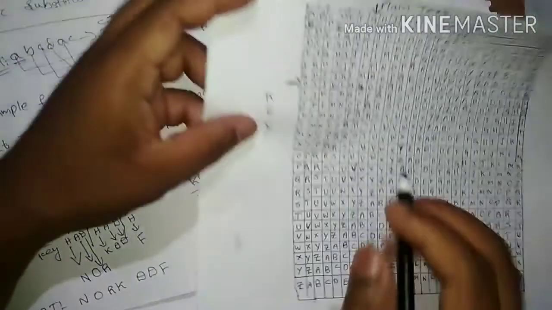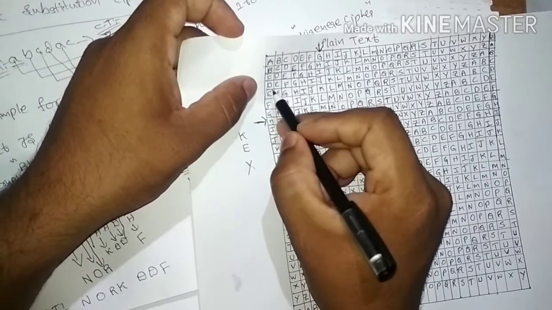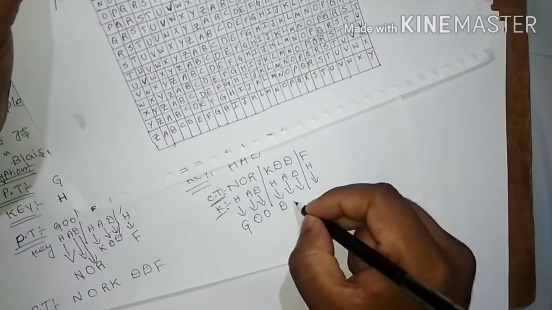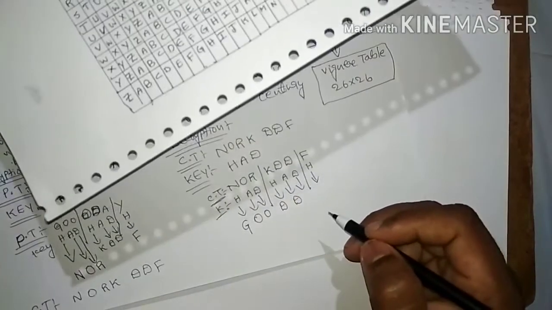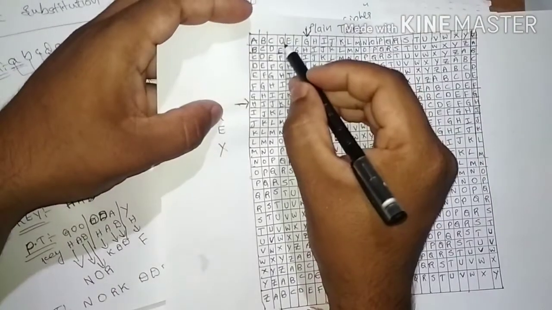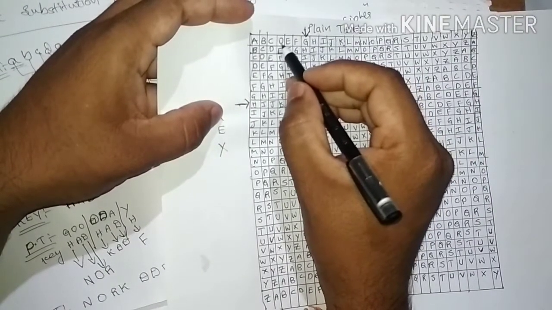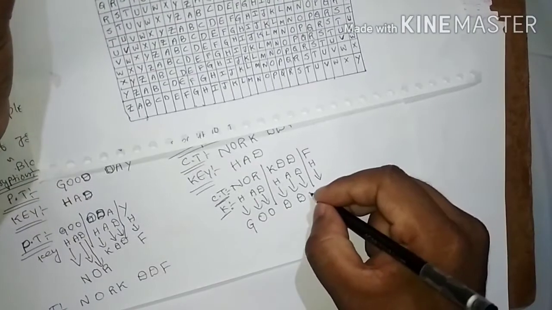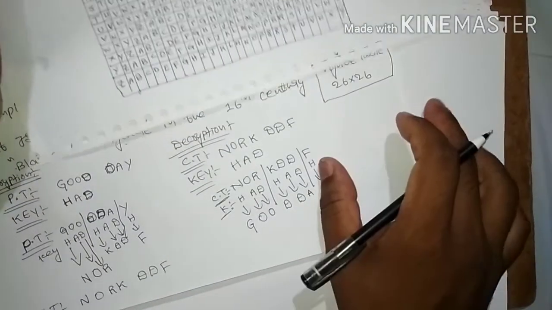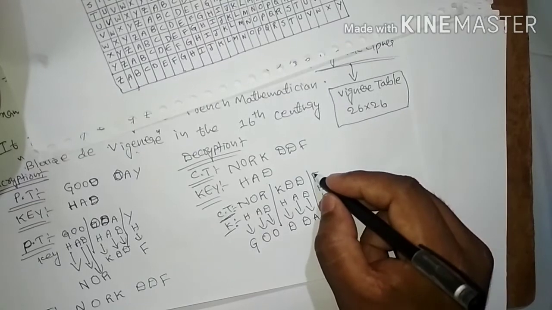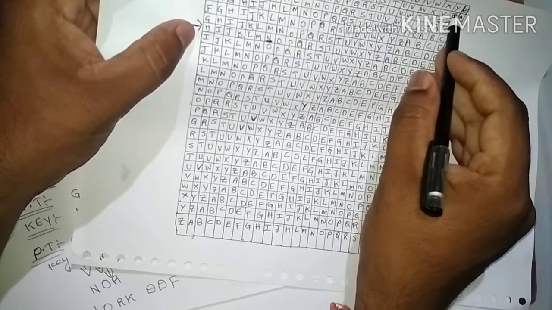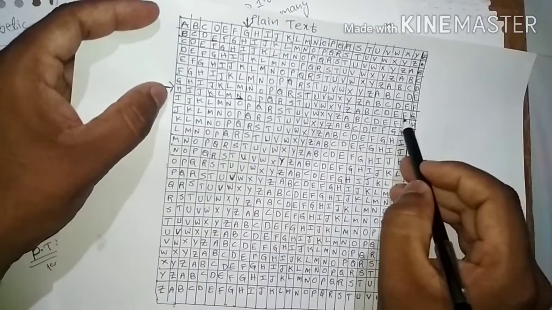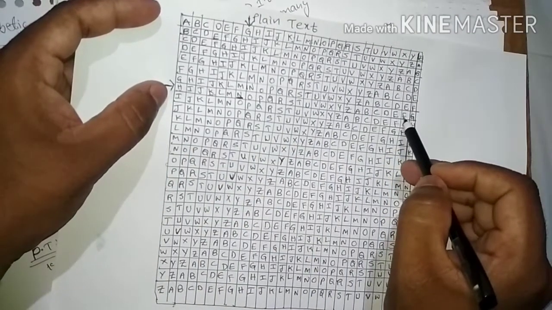Next D and A. Value is D. Next D and D. Value is A. Next F and H. H and F, value is Y.